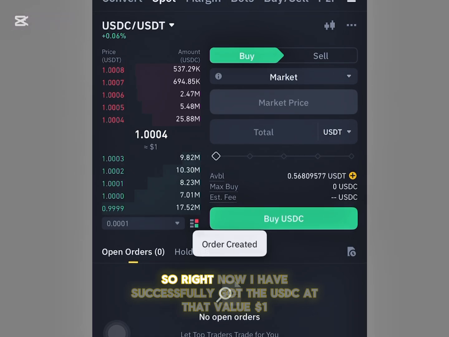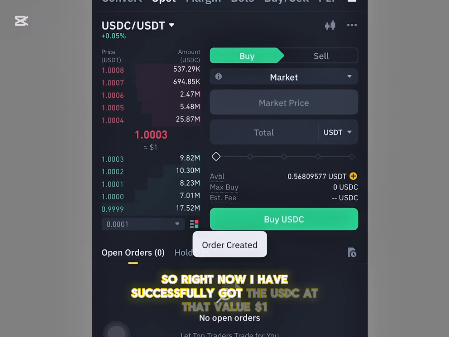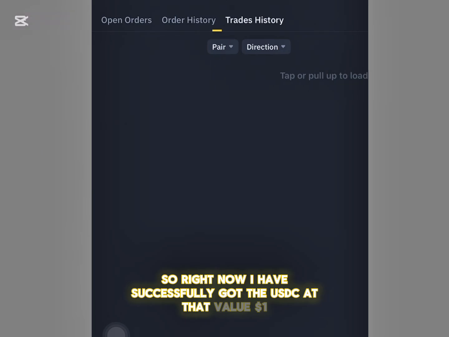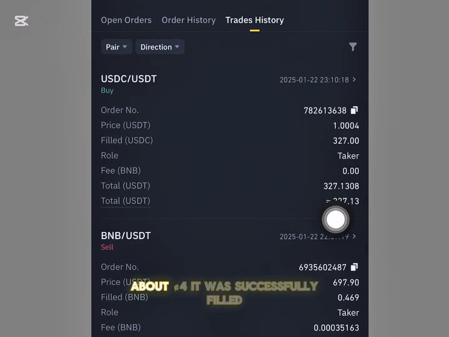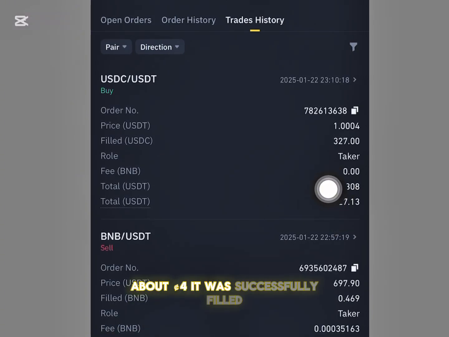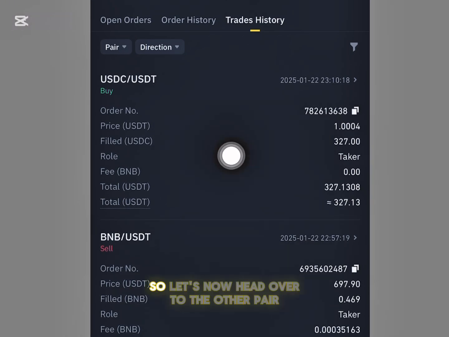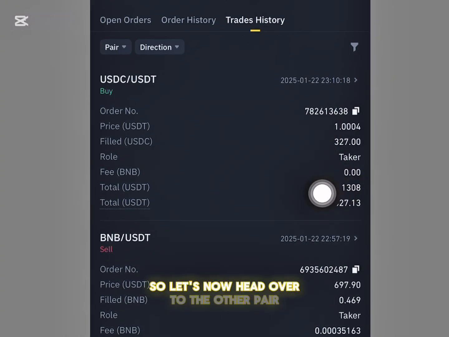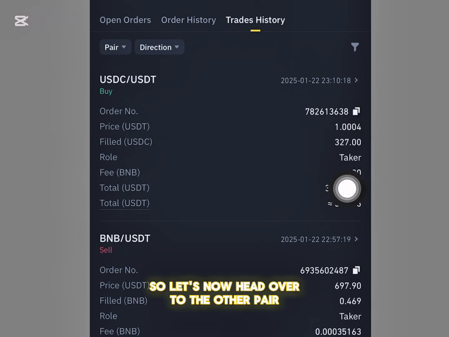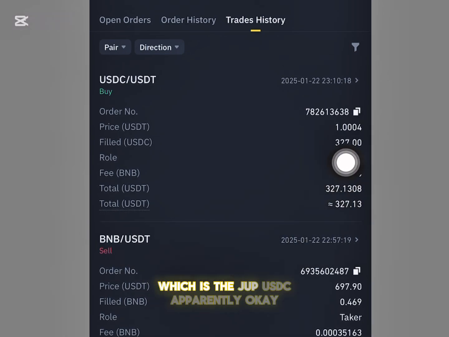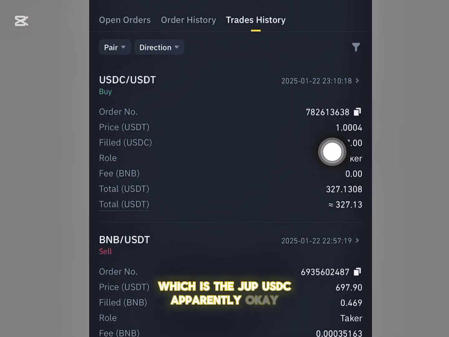So right now I have successfully got the USDC at that value, $1.04. It was successfully filled. So let's now head over to the other pair, which is the JUP USDC apparently.